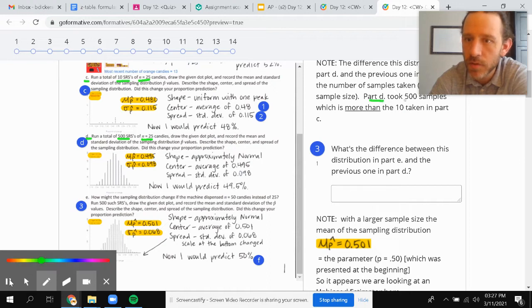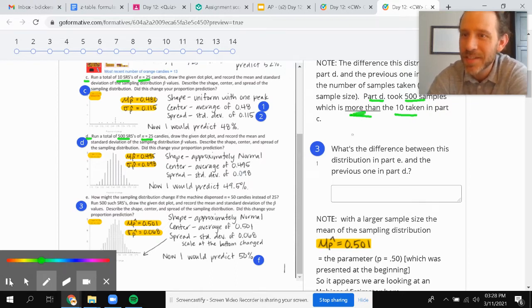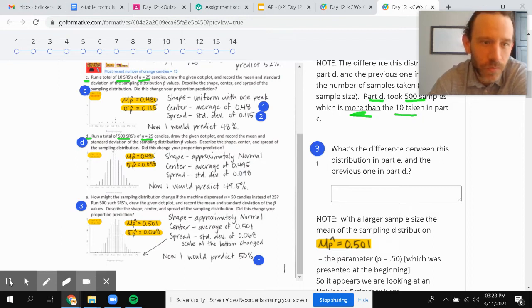In Part D, they took 500 samples, which is more than the 10 that they took in C. I underline more than because when we compare things, you want to use that kind of descriptive language. It's not enough to just say that one had 500 and one had 10. I know it's obvious that 500 is more than 10, but you actually have to say it. So that's the difference between D and C.